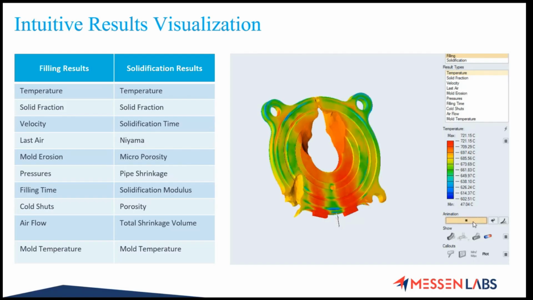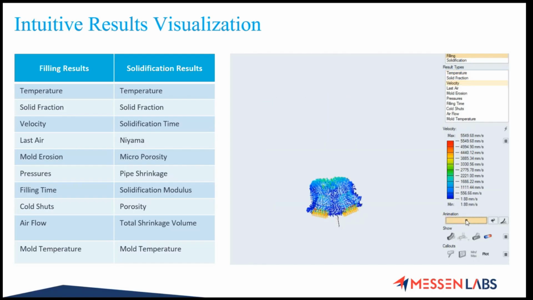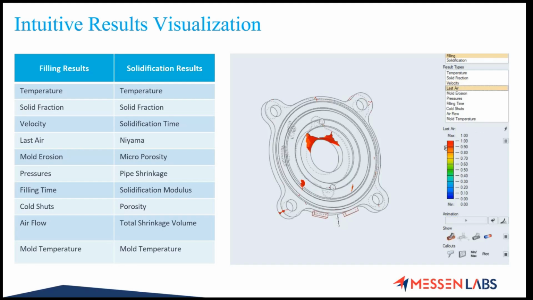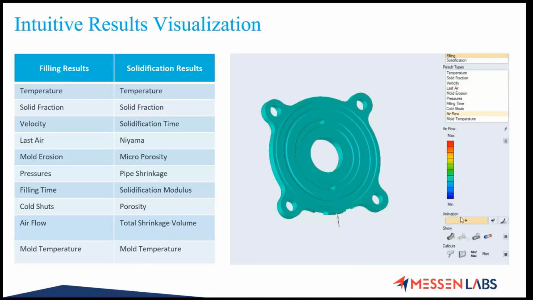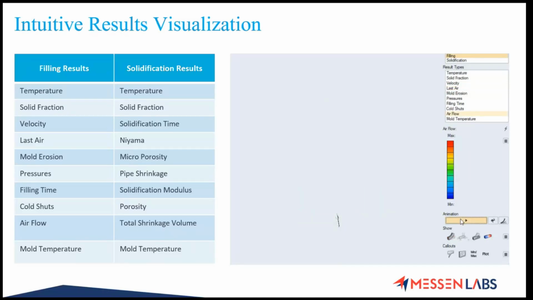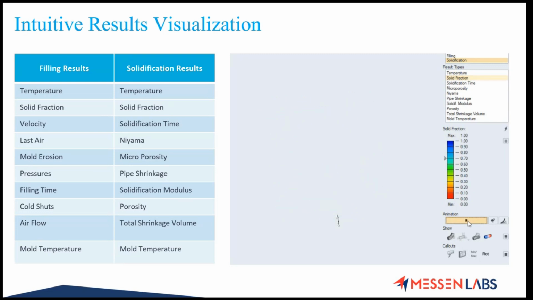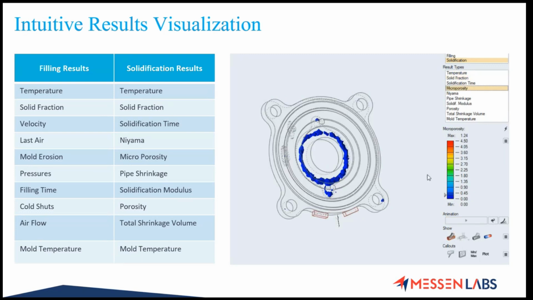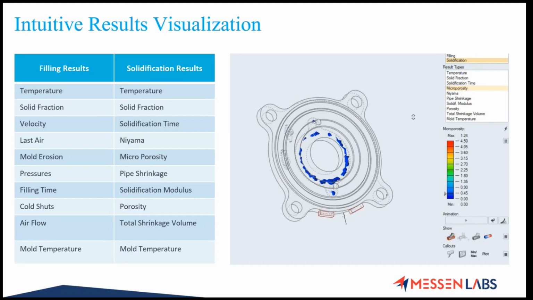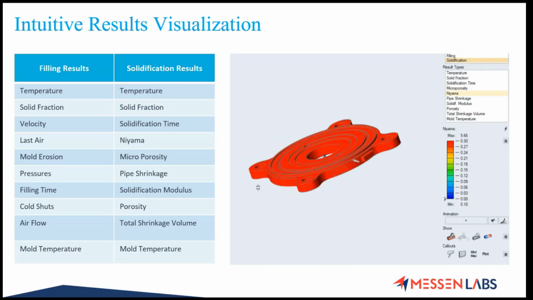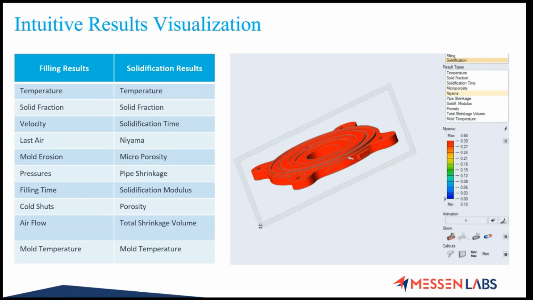So once the analysis is completed, you can review various results in two factors. The first is the filling results and the second one is the solidification results. In the filling results, the user can review results like temperature of the liquid, velocity at which it is entering the mold cavity, the pressure of the molten liquid in the cavity, the filling time, airflow within the cavities, mold temperature, mold erosion, and many more.